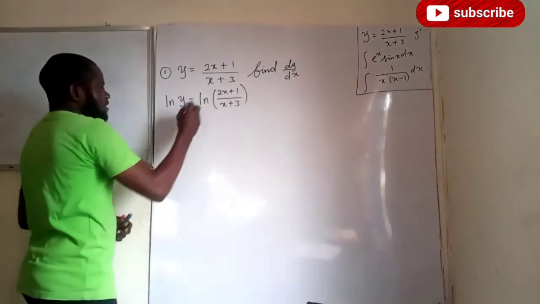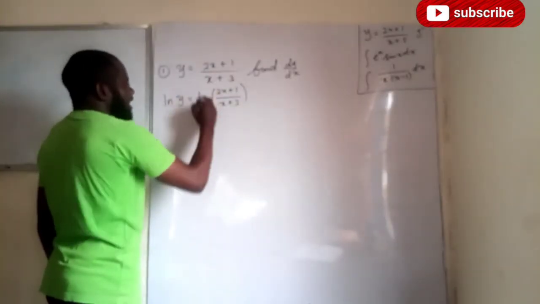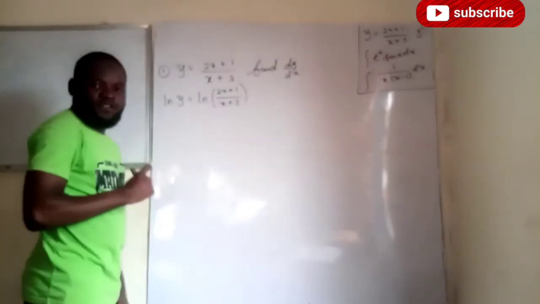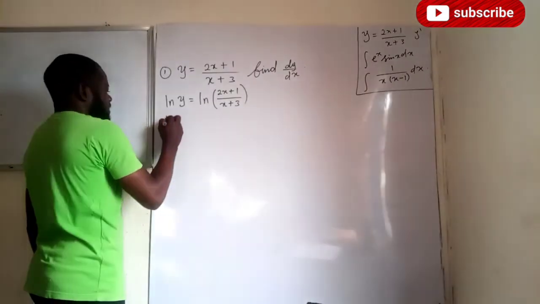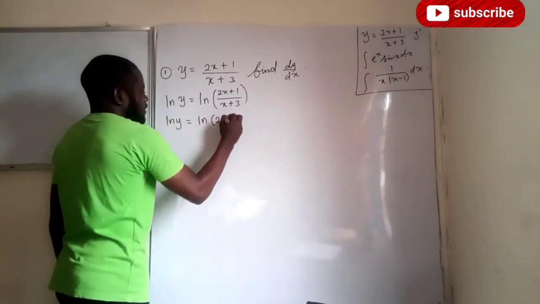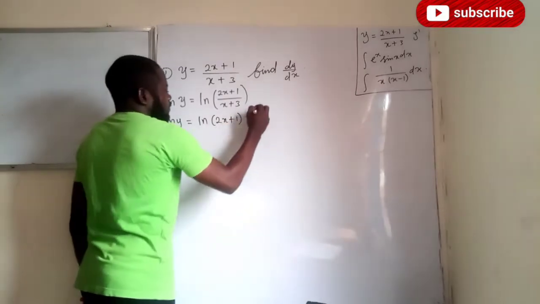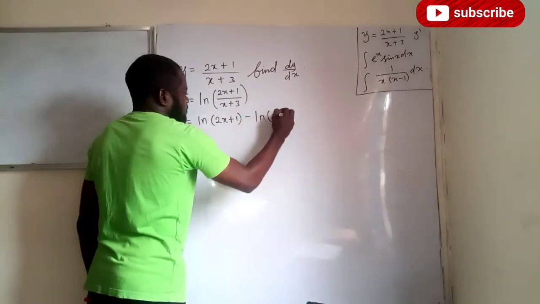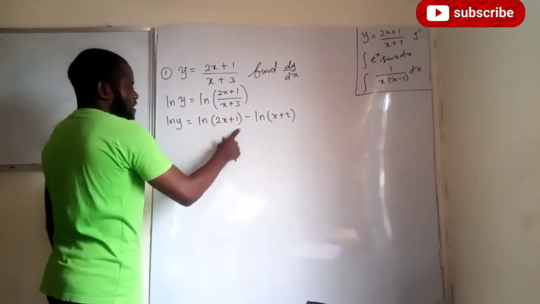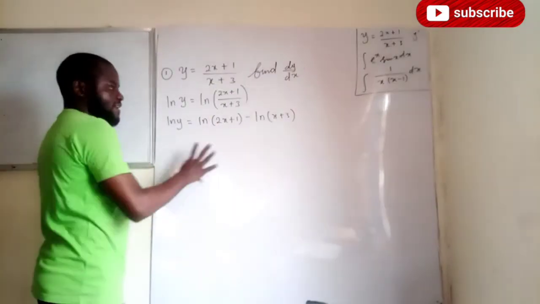Now, we all know that the ln of a quotient equals the ln of the difference. So this is going to be ln of y equals ln of (2x+1) minus ln of (x+3). Though this is supposed to be absolute value, but let's move on.